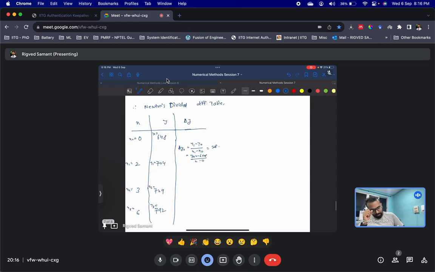Similarly, this would be 729 minus 704 divided by 3 minus 2. Here it would be this minus this divided by this minus this. Okay. So 792 minus 729 divided by 6 minus 3. So here you will have 25 and this would be 21.